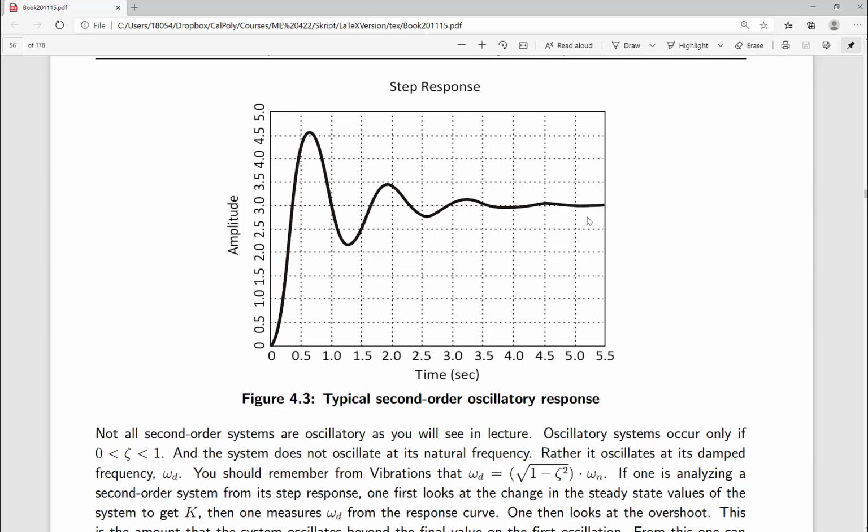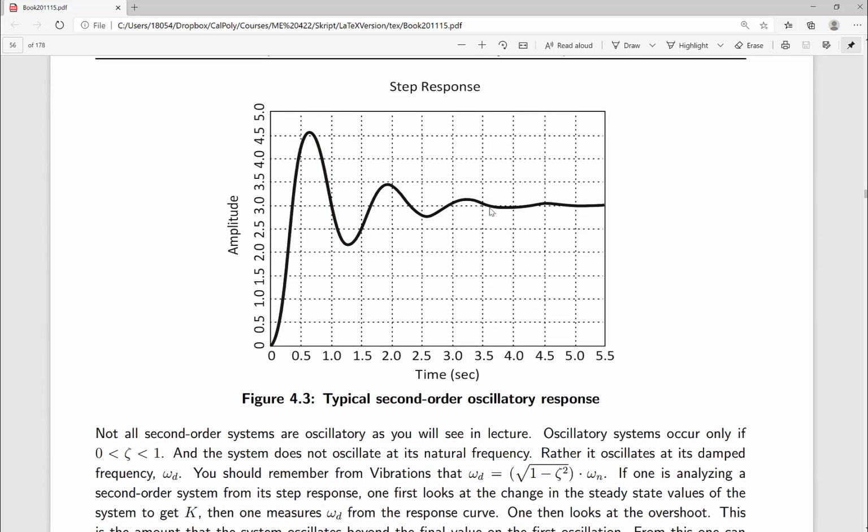But from a practical engineering standpoint, you want to know once you get into a certain range at the end and don't go out of it again, that's called the settling time. So you put a band around the final value, and the settling time is the time it takes to go from the beginning of the step to the point where you enter that band and don't come out of it again.